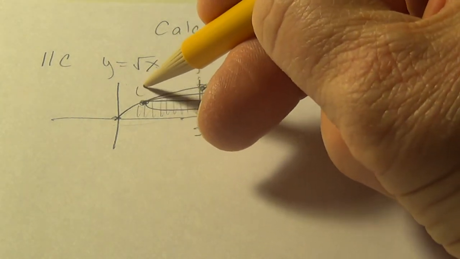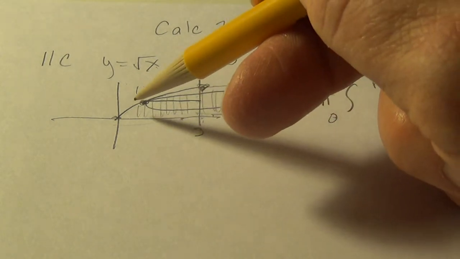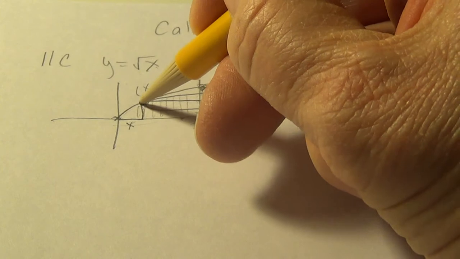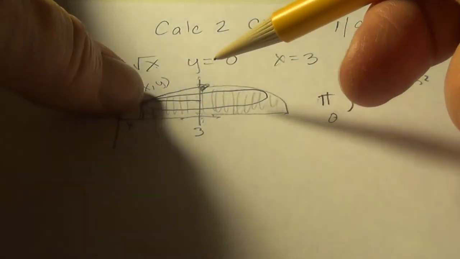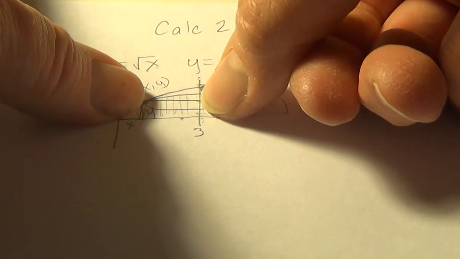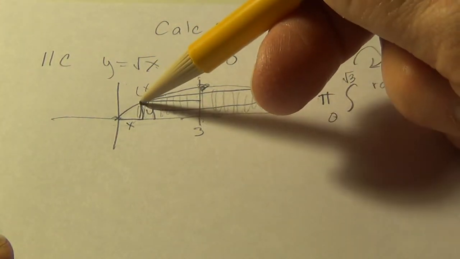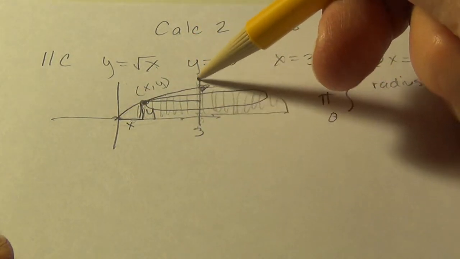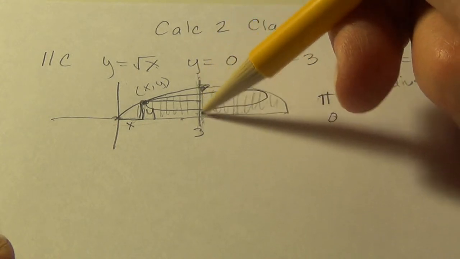The radius is hooked to this point on the function, which I'll call point x, y. I notice that the x value is right here and the y value is right there. If I want this radius, I notice it's related to this value for x, and the fact that the axis of revolution is at 3.